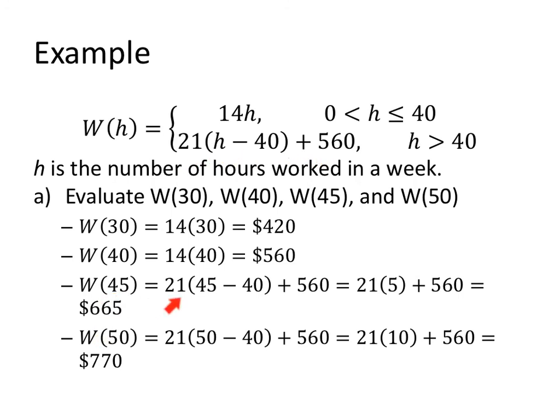At 45 hours, we'd have $21 for the last 5 hours, plus the 560 we get for working our 40 hours, $665. And if we work 50 hours, that's 10 hours of overtime at $21 an hour, plus the $560 for the 40-hour work week to give us $770. It's a nice little wage for the week.